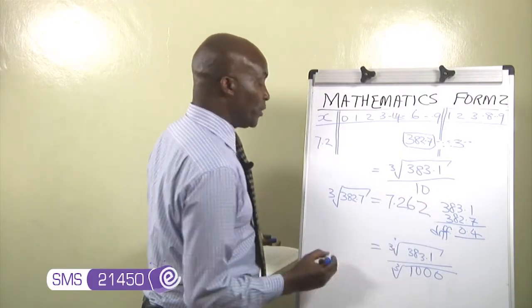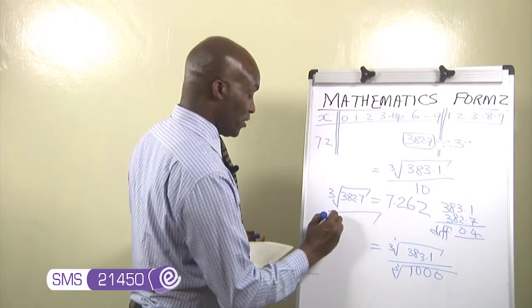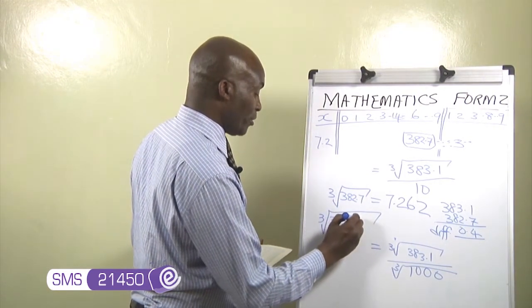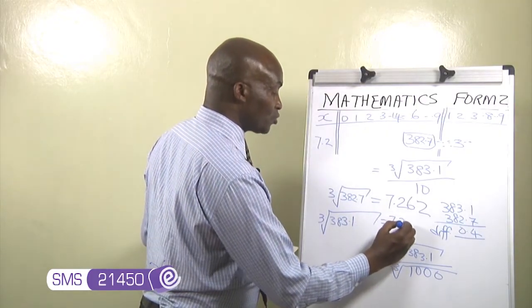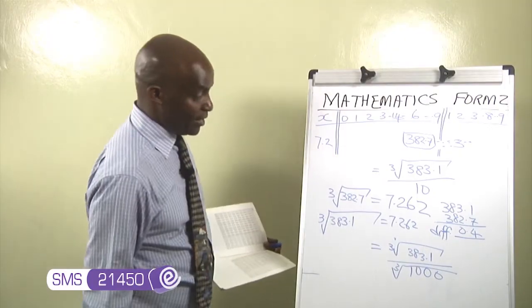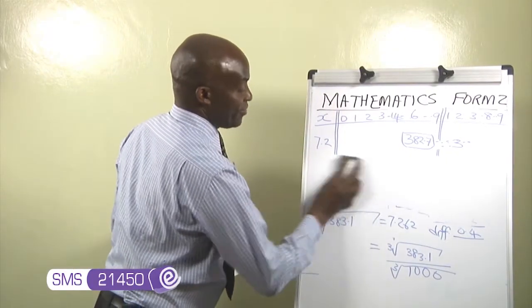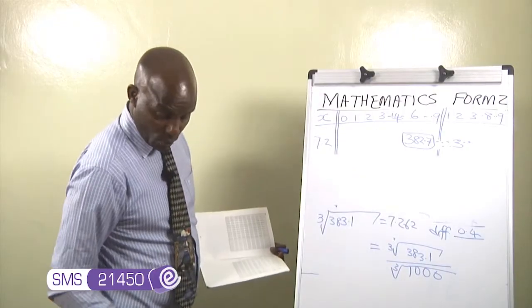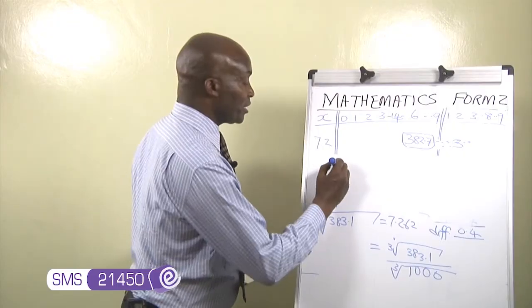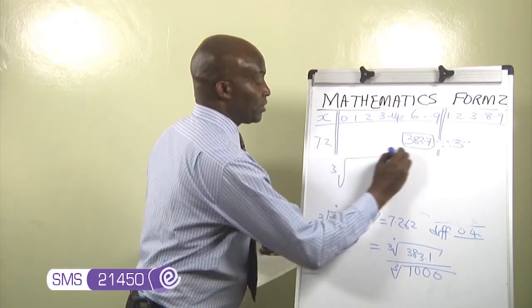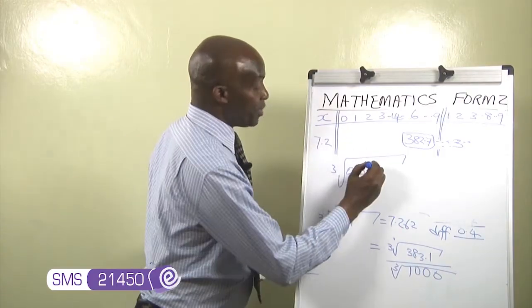Which means, therefore, that the cube root of 383.1 is approximately equal to 7.262. So, to answer the question, what is the cube root of 0.3831?